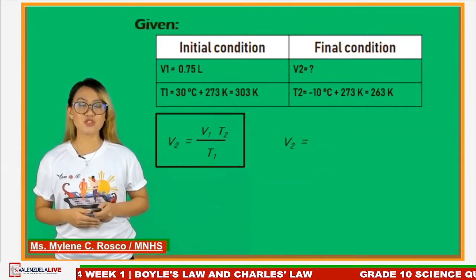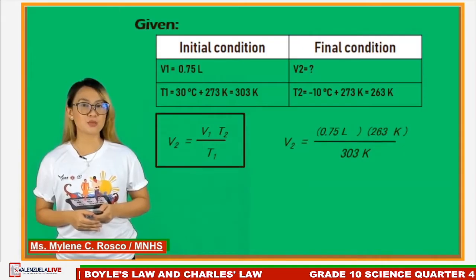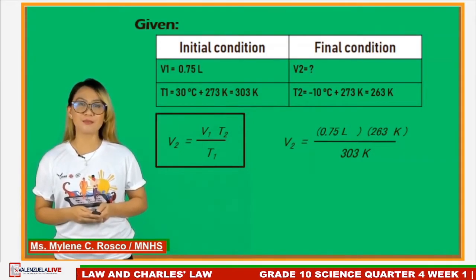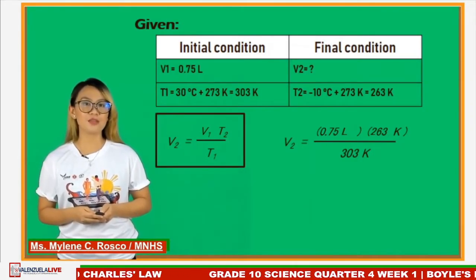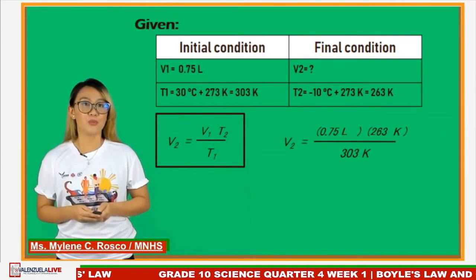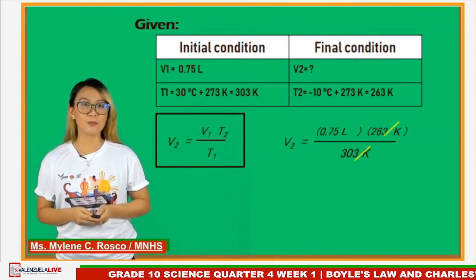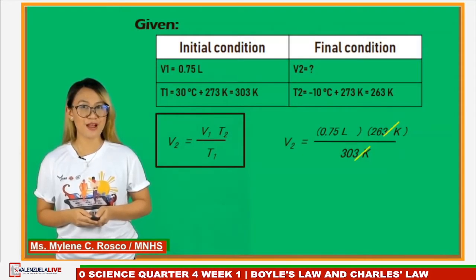Now let us substitute the givens. V2 is equal to 0.75 liters multiplied by 263 Kelvin, divided by 303 Kelvin. We cancel similar terms, or we cancel the Kelvin scale. Can you compute for the final answer?